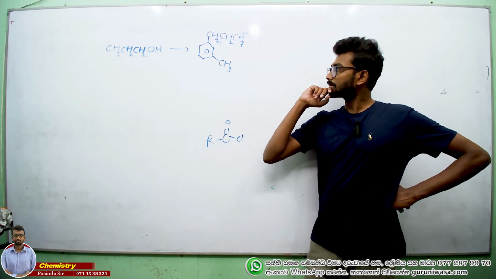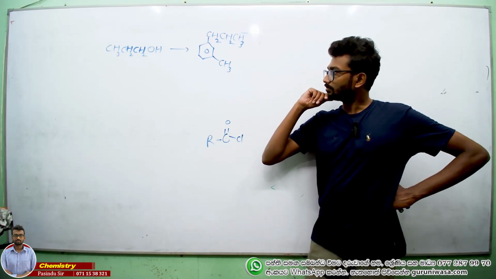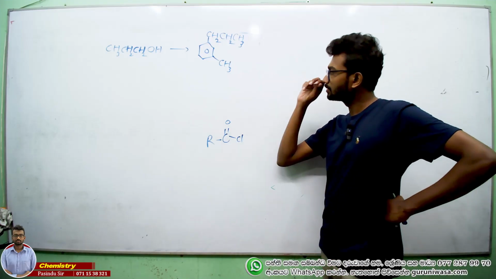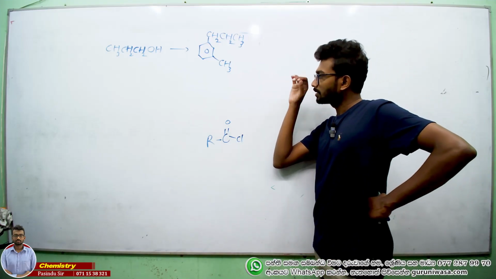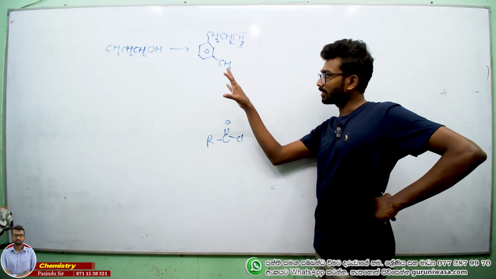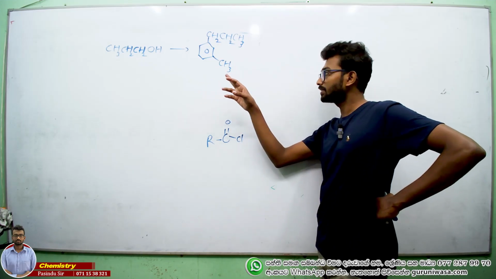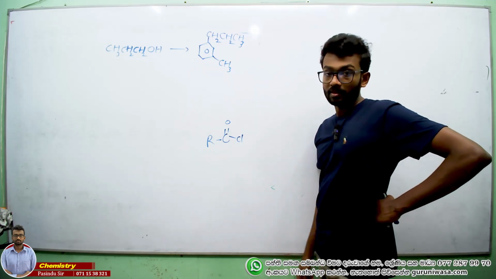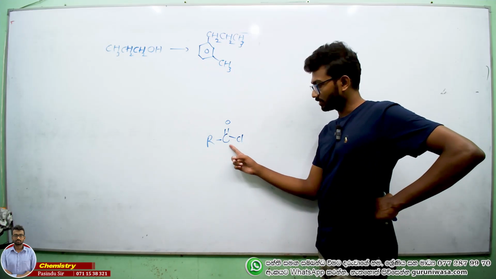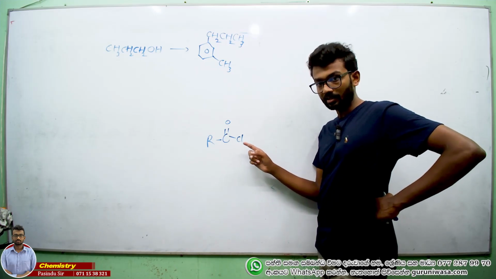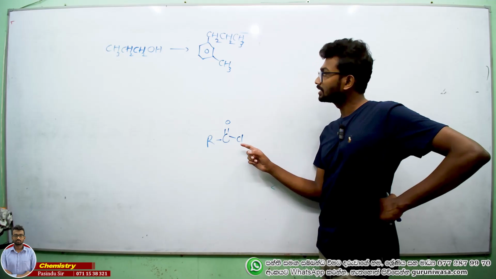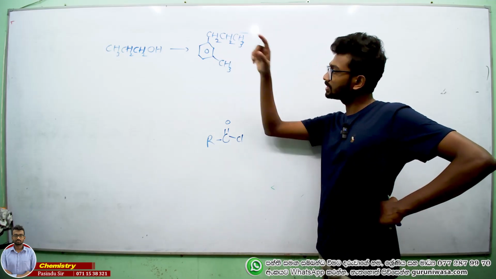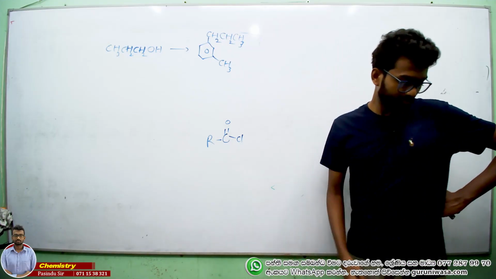Or you can add another one. You can do the same thing, but I will go with that method, right? First I will convert this one into this kind of one, acid chloride, then I can bind it into this one, right?